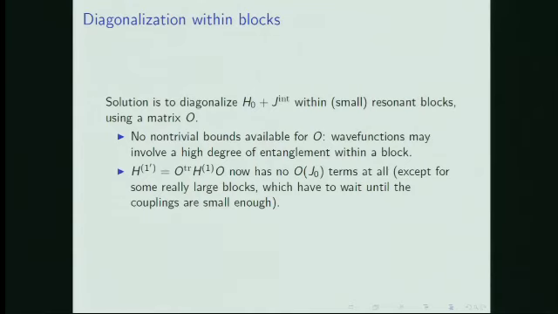And while there are some details which you probably don't want to hear about right now, you have to also gradate these blocks in terms of how big they are, and you can only do this type of rotation on the medium-sized blocks. The large ones you have to wait until the couplings get small enough.